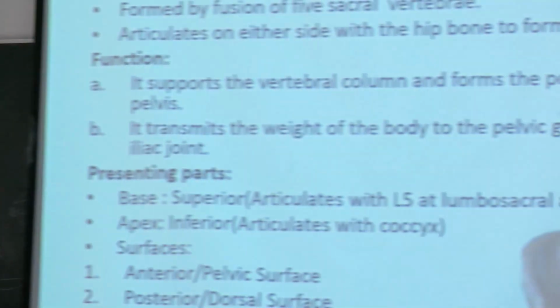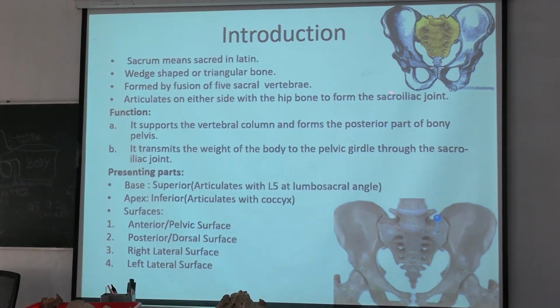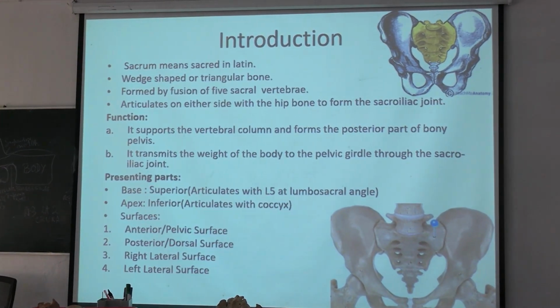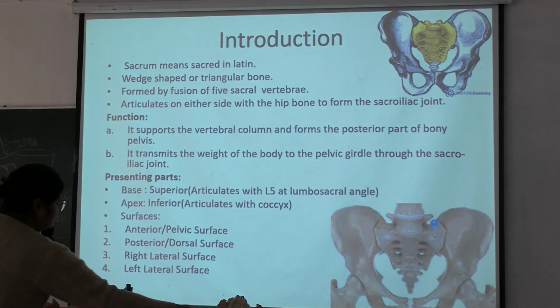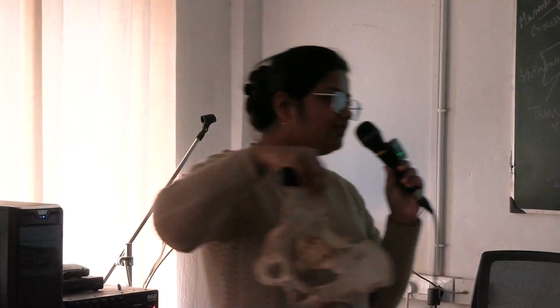Sacrum means sacred in Latin, and it is a wedge-shaped or triangular bone formed by fusion of 5 sacral vertebrae, which articulates on either side with the hip bone to form the sacroiliac joint. See here, this is the pelvis. You can see the articulation of the sacrum with the two hip bones to form the sacroiliac joints.